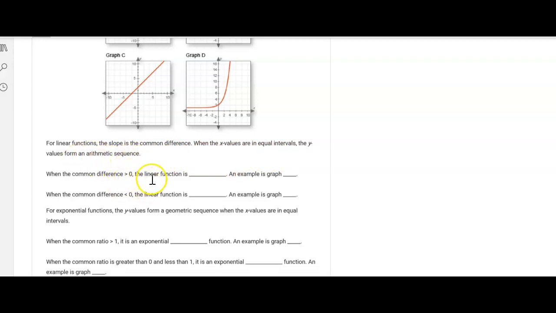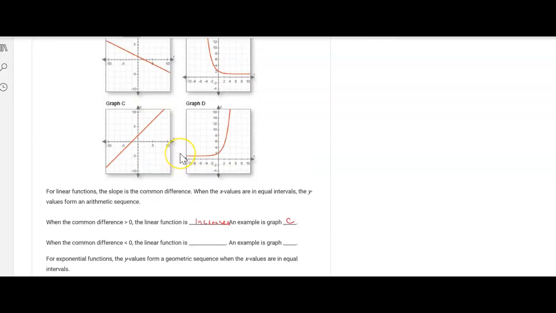When the common difference is greater than 0, the linear function increases. An example graph is graph C here.